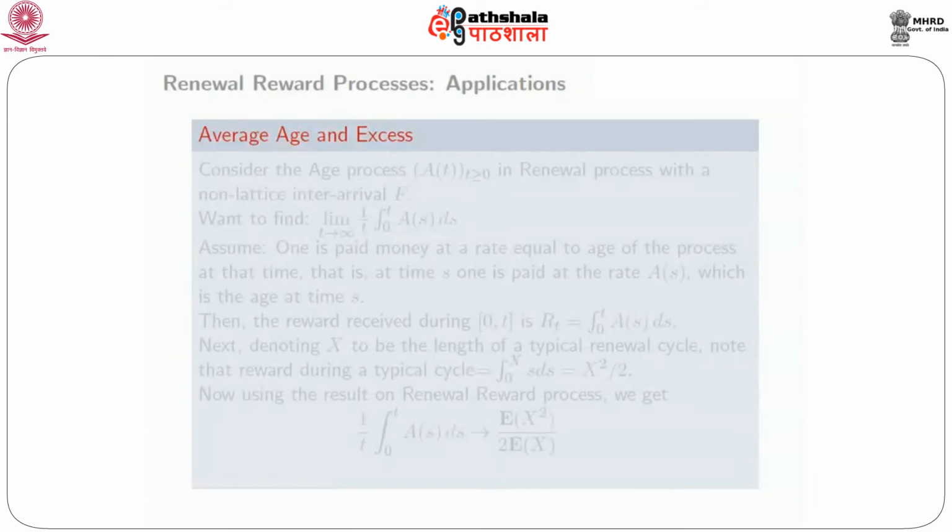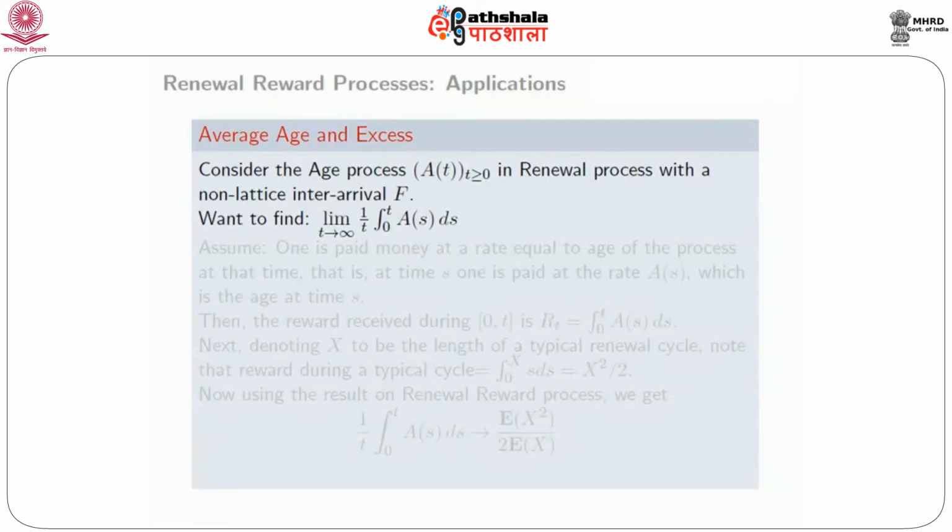Now let's look at average age and excess. We'll again get this by applying the reward renewal process result. So consider the age process A_t in a renewal process with a non-lattice interarrival distribution F. What we now want to find is a very interesting quantity: age averaged over time.